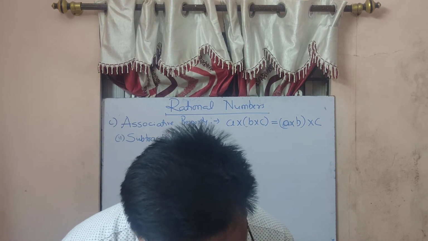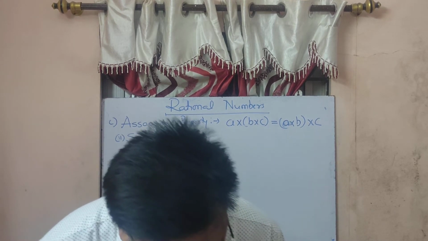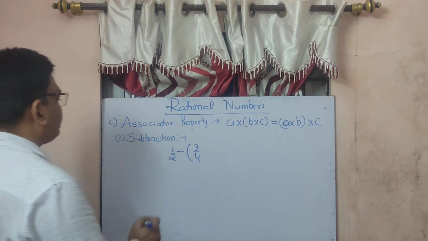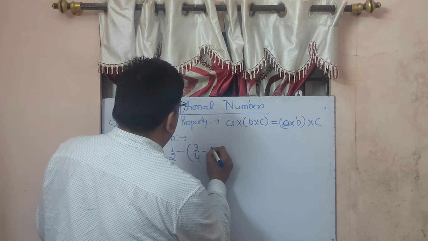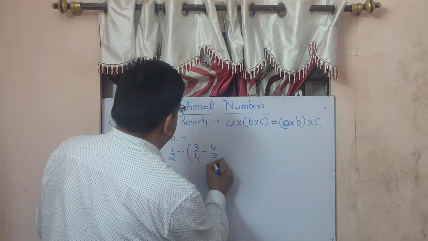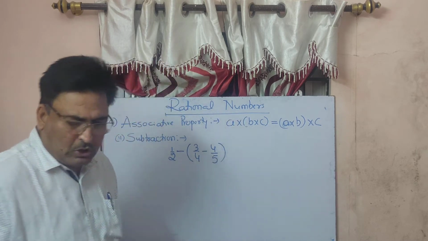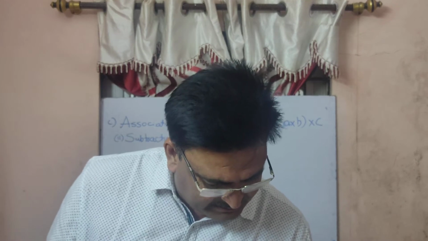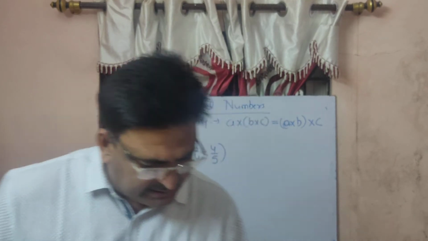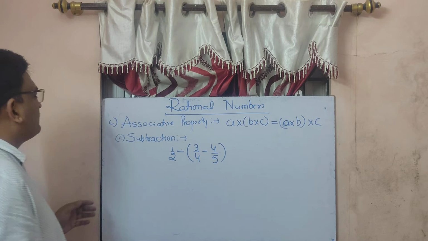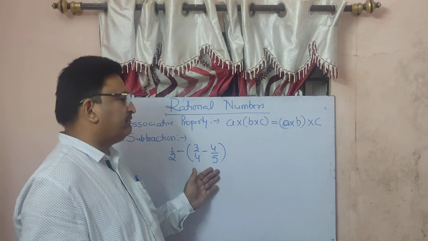So the three numbers are, minus 4 by 5. You can take any number, all three numbers you can take. So I have taken 1 upon 2, 3 upon 4 and 4 upon 5.